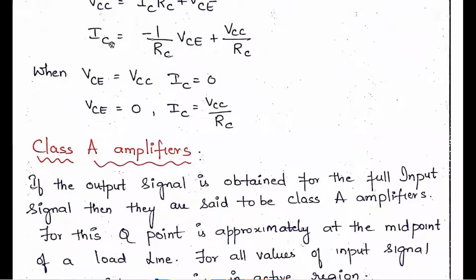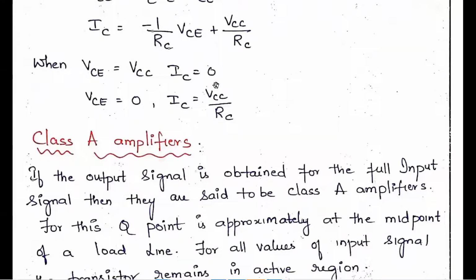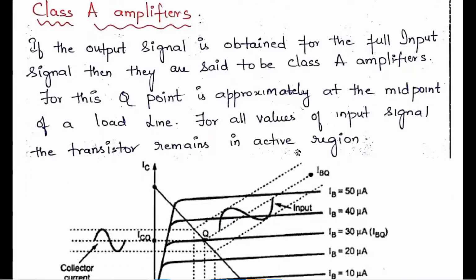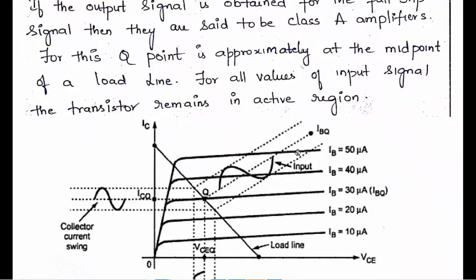Then you get IC, I think it will be 6 milliampere. That fixed value is called the operating point. So 6 volts, say somewhere here, then 6 milliampere, say somewhere here.